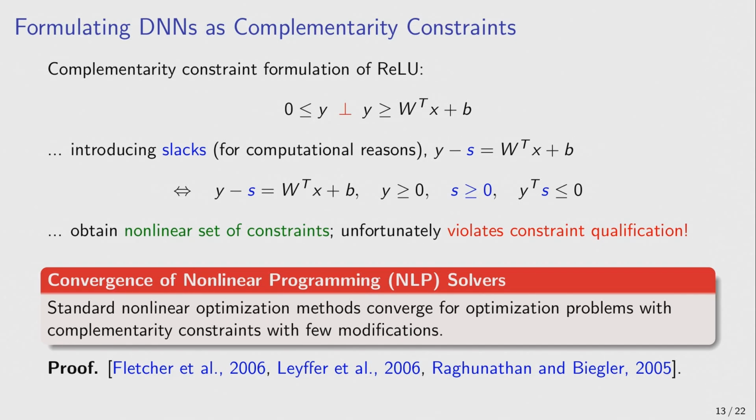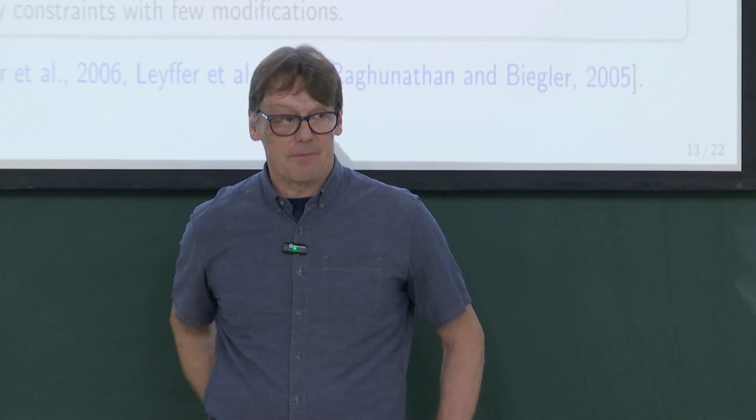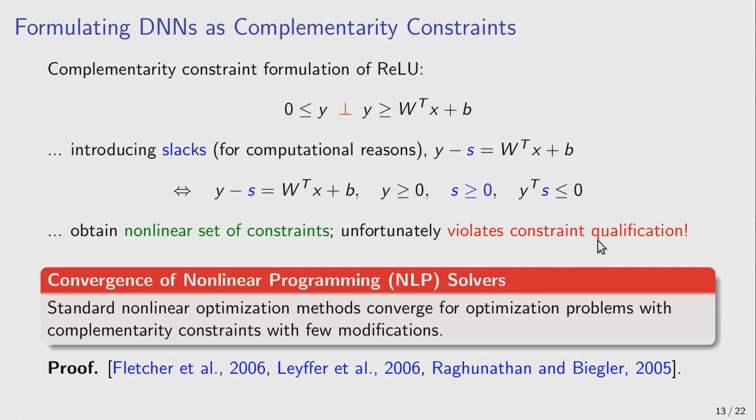Knitro, for example, has a feature that allows it to solve problems of this type by taking a penalty function approach. We take a slightly different approach, and we can still show fast convergence under certain circumstances. Even though it violates a constraint qualification, this is quite a mild violation. It's very structured, and you can take advantage of the structure when you're solving these problems numerically.